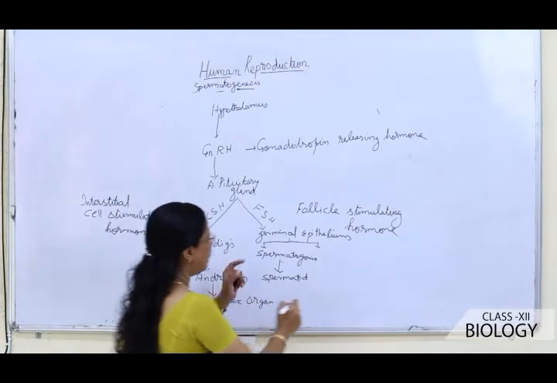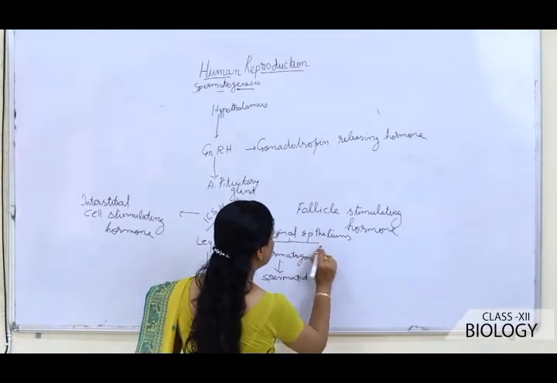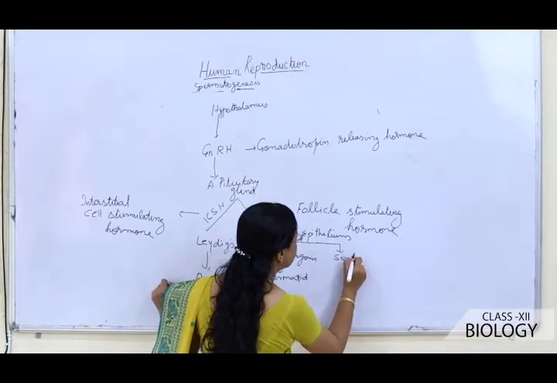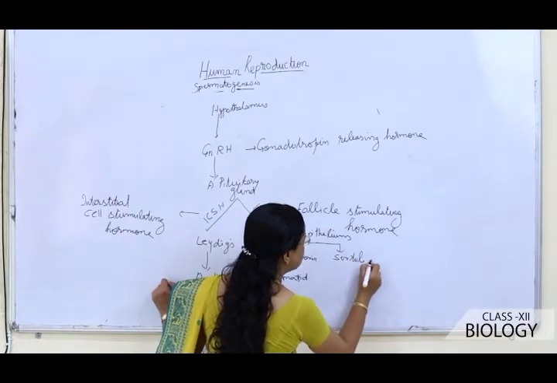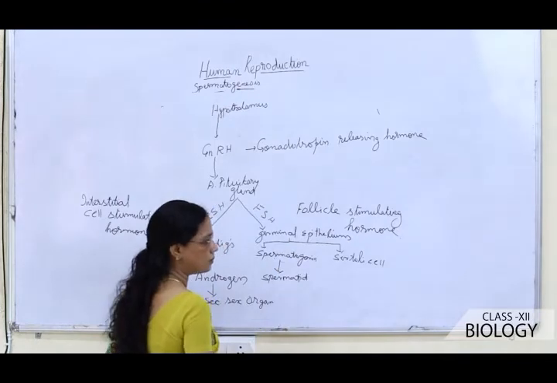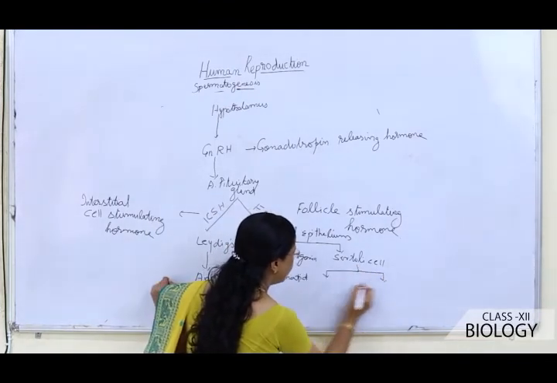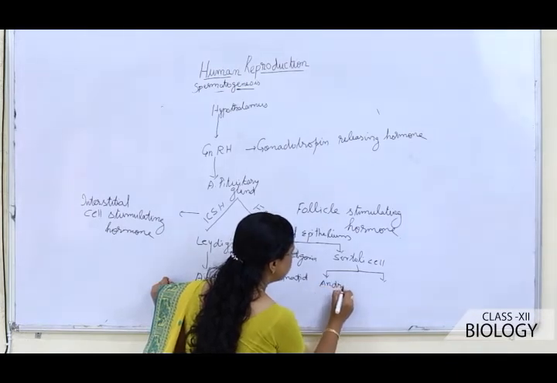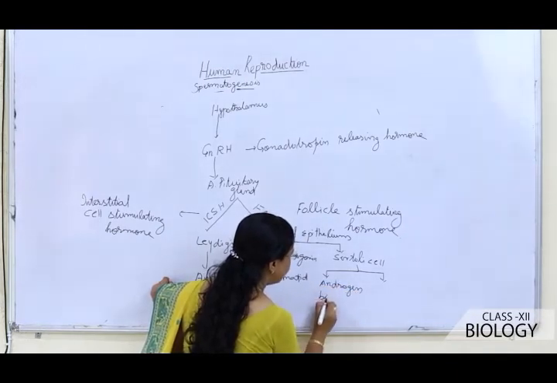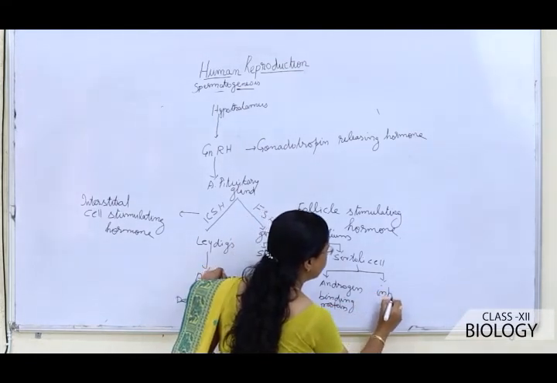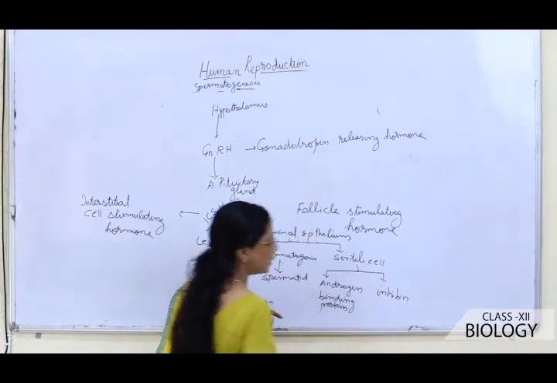And it also stimulates Sertoli cells. Sertoli cells are also present in the germinal epithelium. So they produce two proteins, androgen binding protein and inhibin. These are the two proteins.